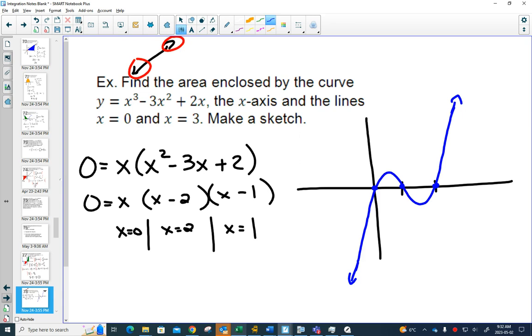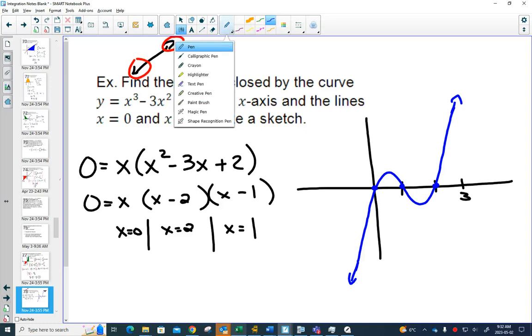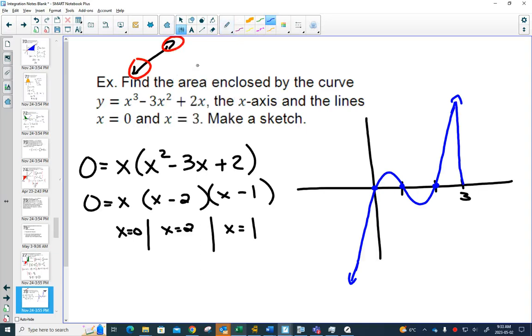What do we want to find? We want to find the area between 0 and 3. Shading wise, this area is going to be positive, this area is going to be positive, and this area is going to be negative.